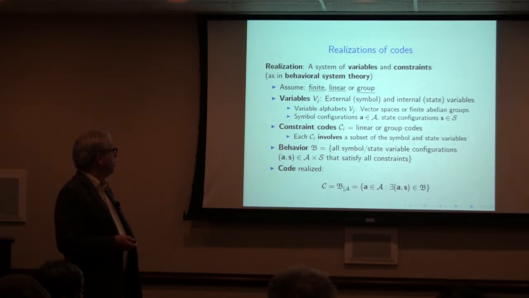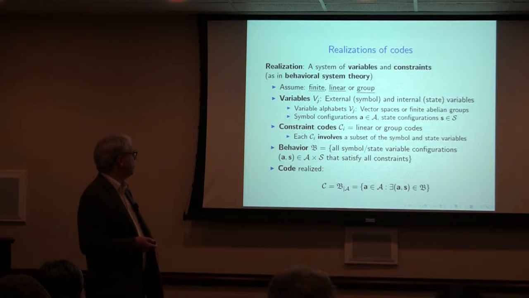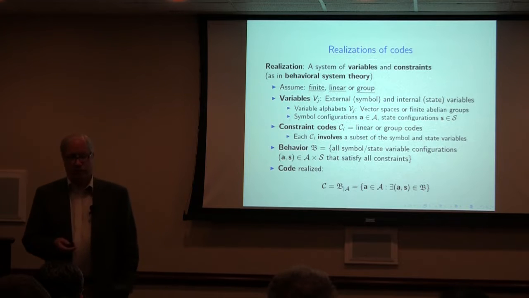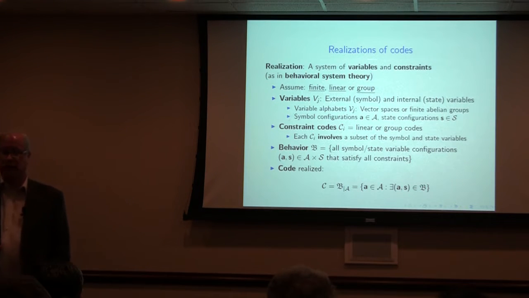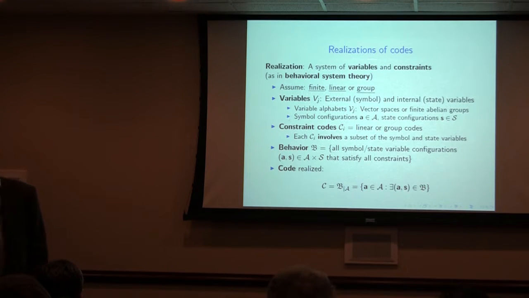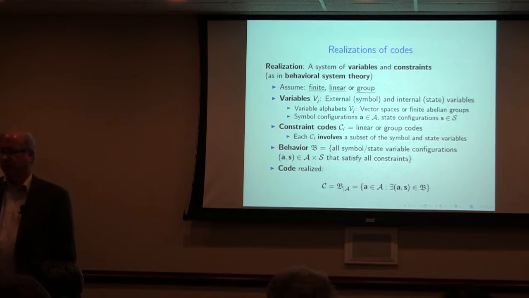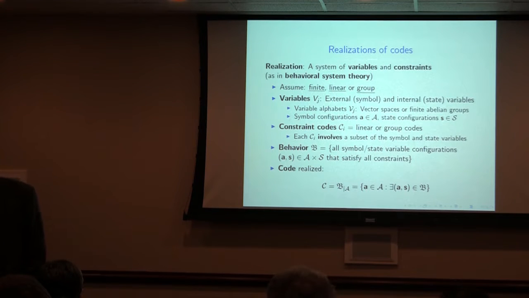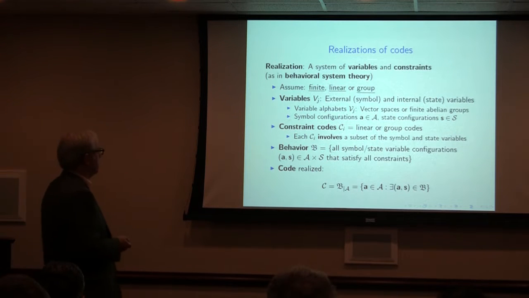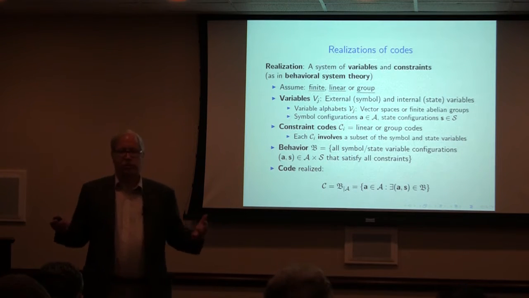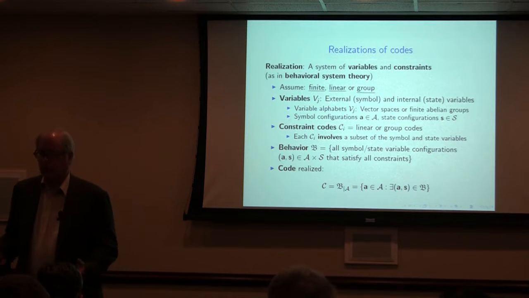All right, so let's talk about a graphical realization of codes. First of all, let's just talk about a realization in system theory terms, and I'm going to be talking in terms that are very much those of the behavioral system theory of Jan Willems and other people. So what we really have is just a system of variables and constraints.